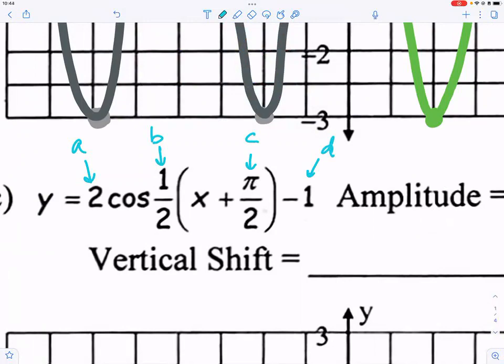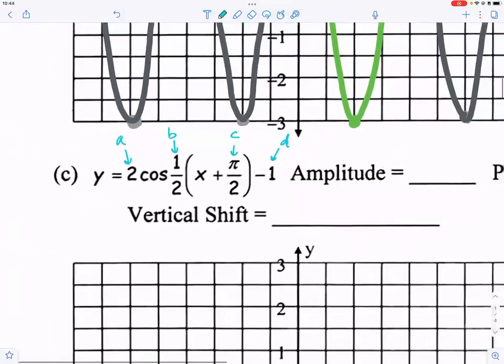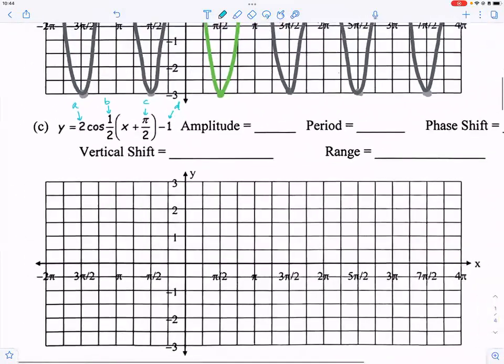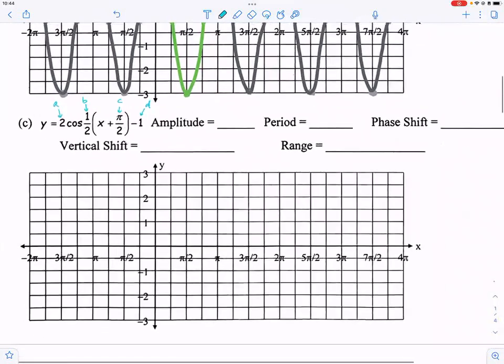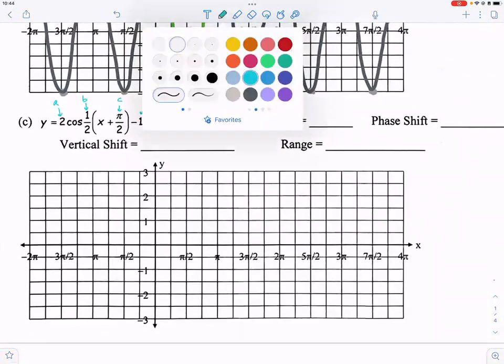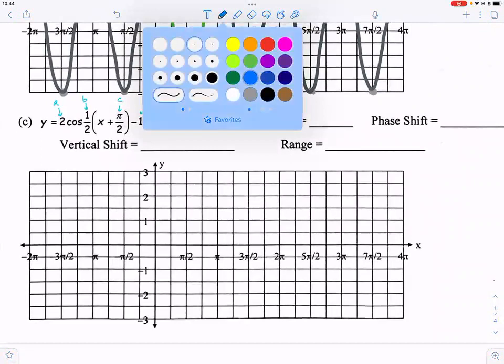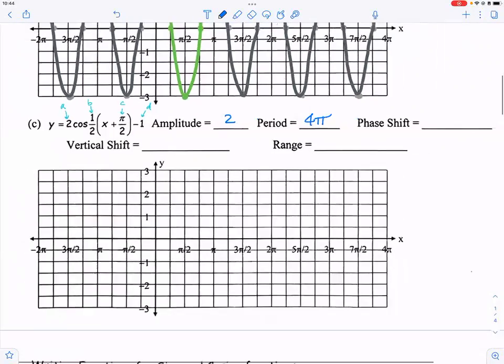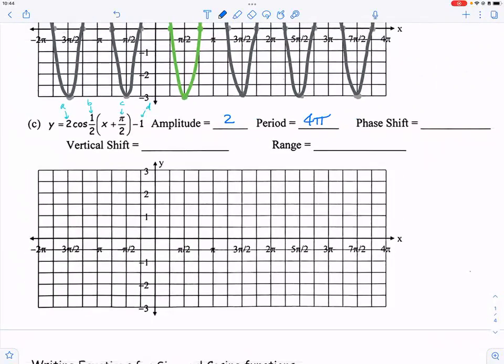What's the C value here? Technically, it should be negative pi over 2. Okay. So our amplitude is 2. Our period is 4 pi, just like the first question. Phase shift is left pi over 2.